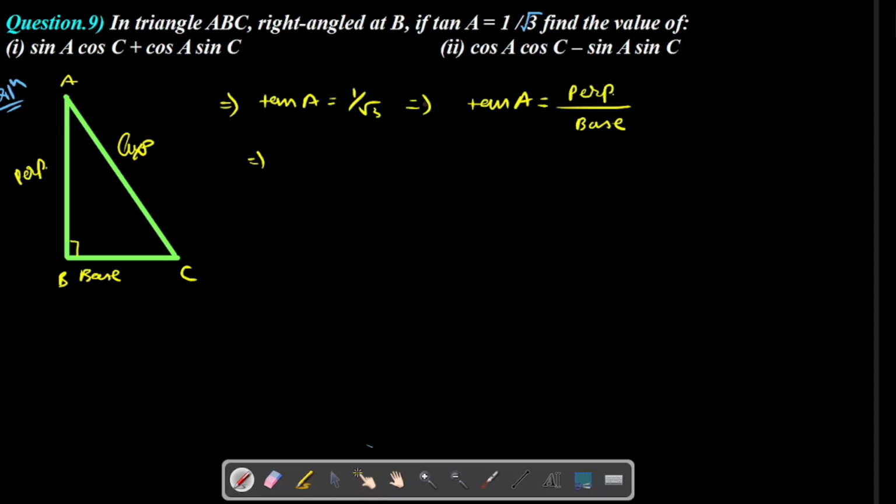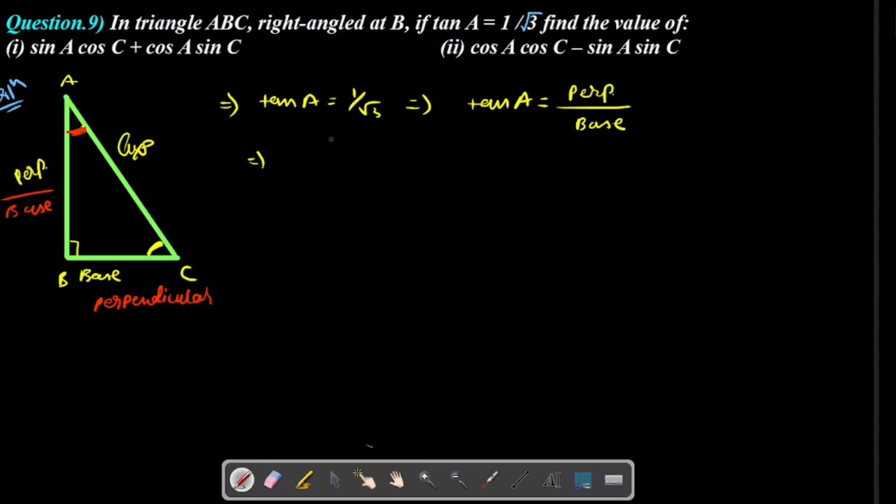For this angle A, BC becomes the perpendicular, and AB becomes the base. Similarly, for angle C, AB becomes the perpendicular and BC becomes the base, right?